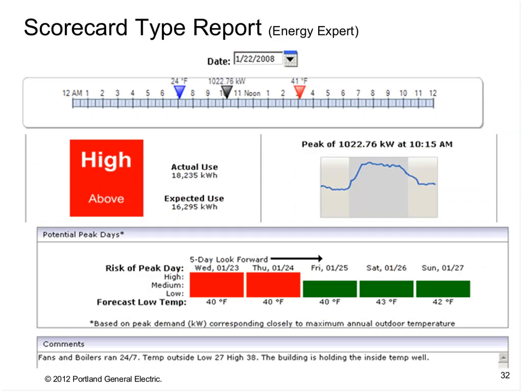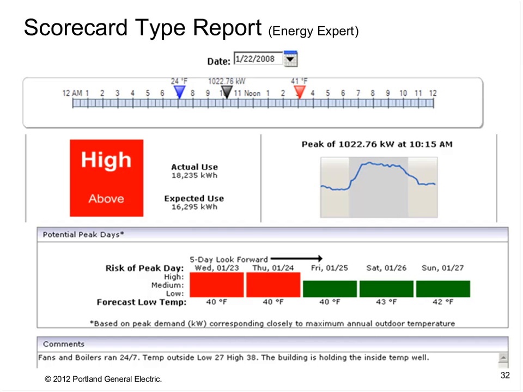Okay, this next type of report is from our Energy Expert program. This is a scorecard type report that can be emailed out to the user. You get yesterday's data today.